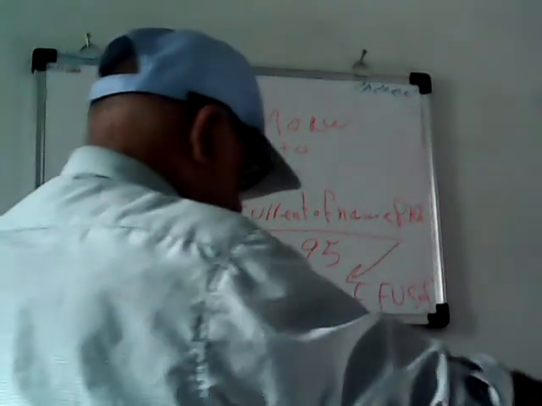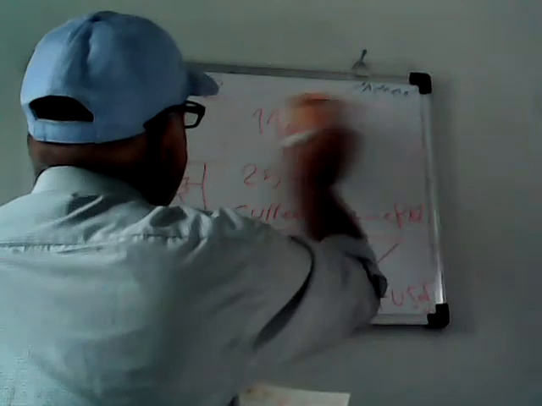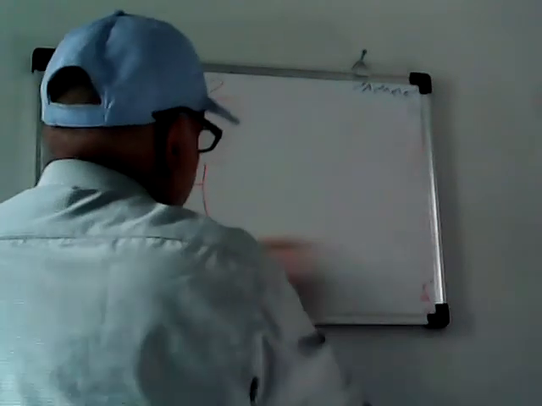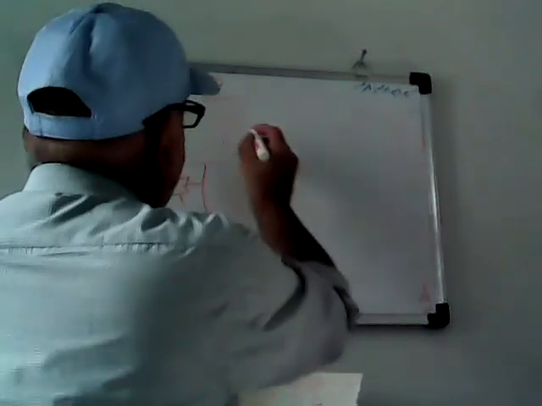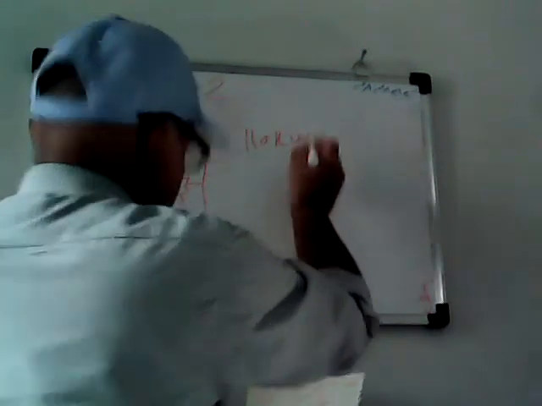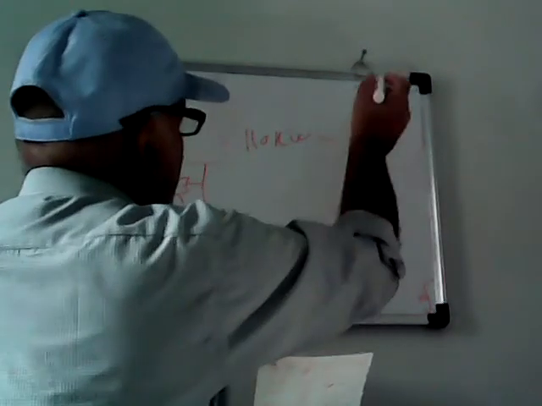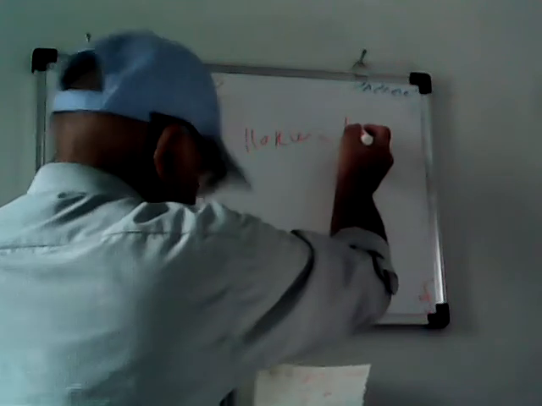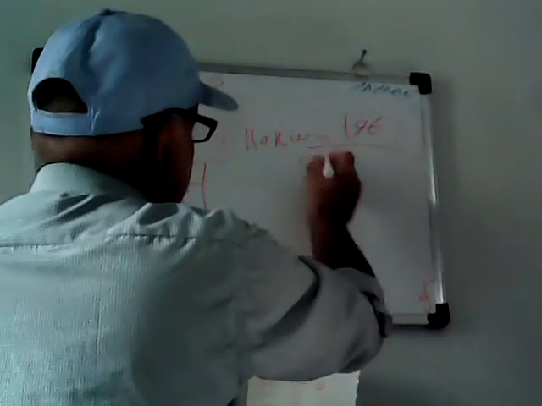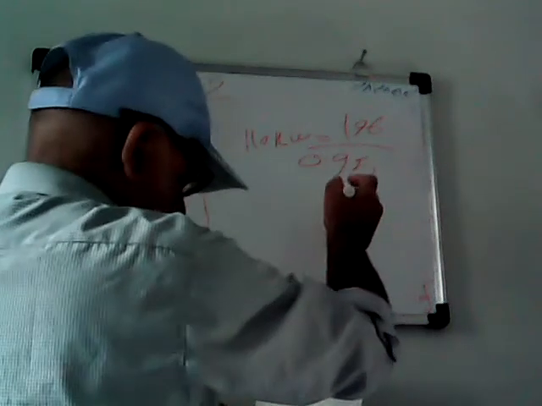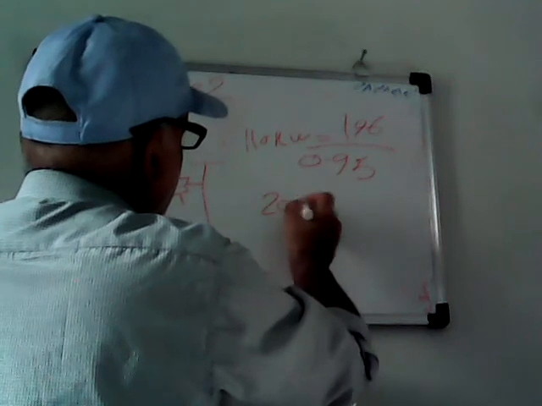Example, 110 kilowatt. The current in the nameplate is 196 divided by 0.95. Your result is 209.